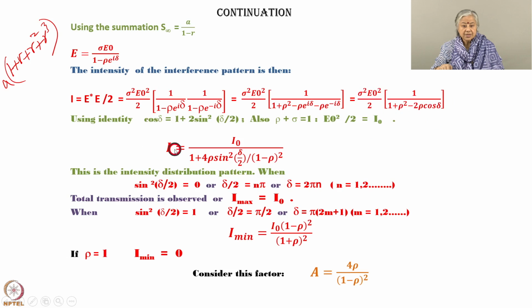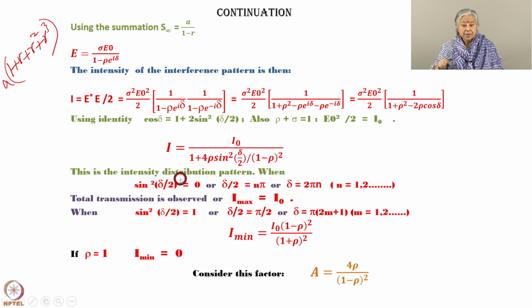Using the identity cos delta is equal to 1 minus 2 sine square delta by 2, and also rho plus sigma is equal to 1, which is the conservation of energy which I introduced before, and E0 square by 2 is equal to I0, a constant factor, that means my initial intensity, the whole thing can be written in a nice little form like this: I is equal to I0, which is my initial intensity, divided by 1 plus 4 rho sine square delta by 2 over 1 minus rho whole square.